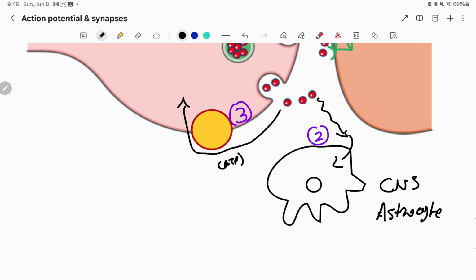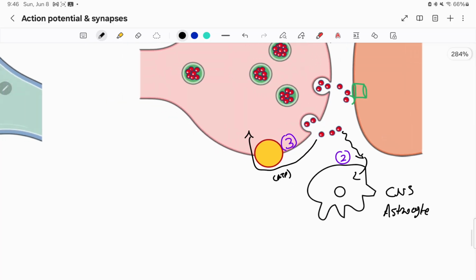I will give you a clinical significance here, okay? If you guys have heard of selective serotonin reuptake inhibitors, right? So selective serotonin reuptake inhibitors, they're used to treat depression, okay?